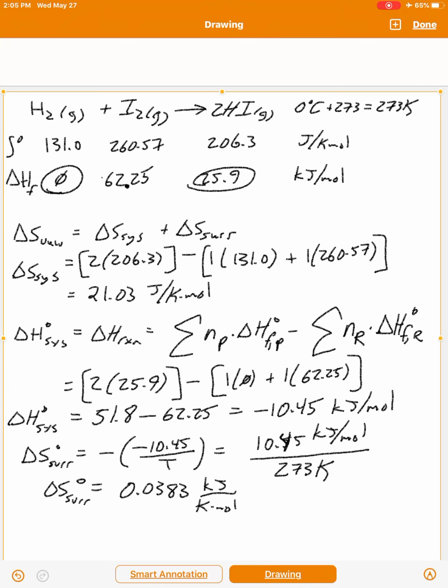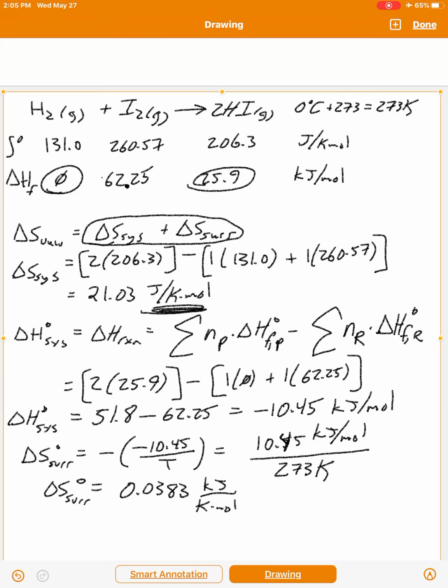Now here's the issue. The issue here is that this is in kilojoules. If we're going to add these two values together, they have to have the same units. This is a different unit. It's joules per kelvin mole. So we need to have them in the same.